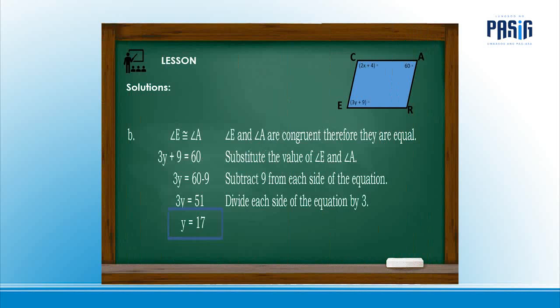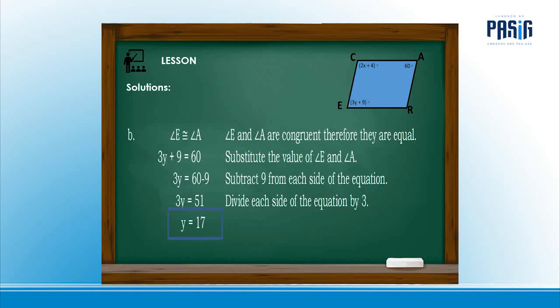Solutions for letter B to solve for the value of y. Angle E is congruent to angle A. Since angle E and angle A are congruent, therefore they are equal. Then substitute the value of angle E and angle A. So 3y plus 9 is equal to 60.